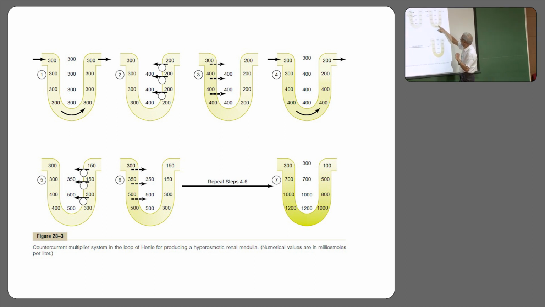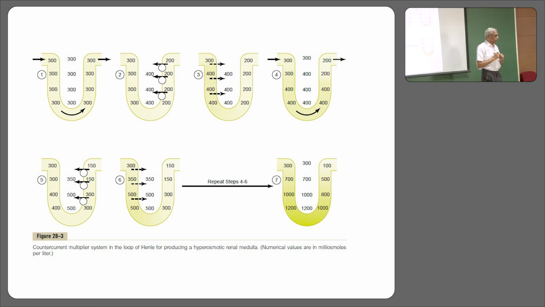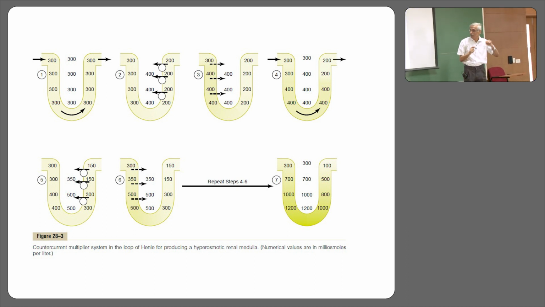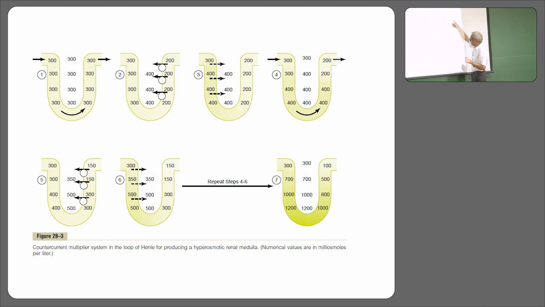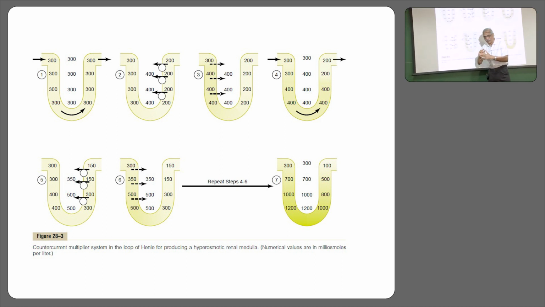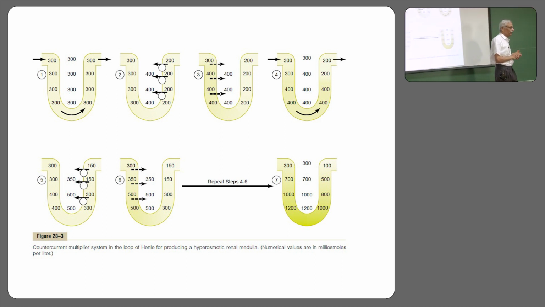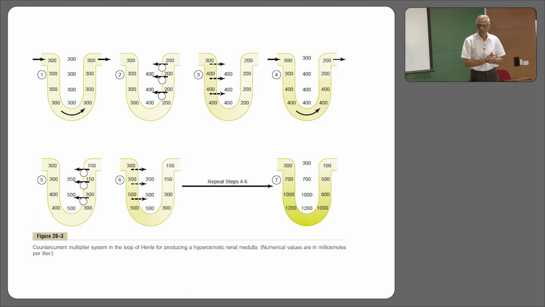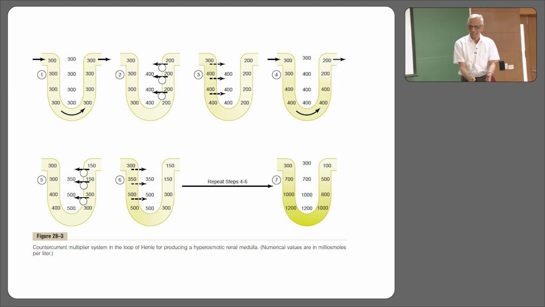As a result of that, you have 400 here, but the pumps are working. Okay. So, once you go, 400 here, 400 here. Now, because of that, again it will be 500 here, it will be 300 here. Go on repeating, go on repeating, go on repeating. Okay. And inside at the bottom, you will have 1200, 900, 800. Okay, 600, 500, 300 in the cortex.